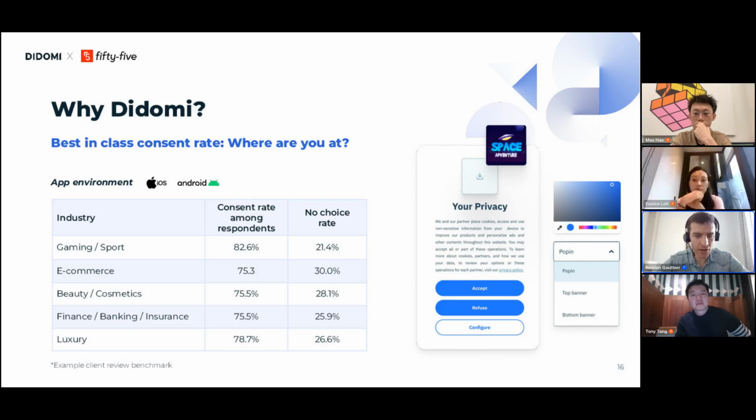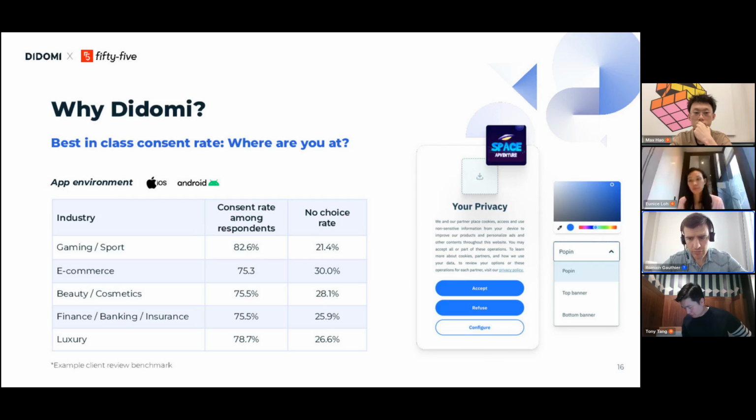So what type of consent behaviors you can expect based on your vertical, your geo, the type of audience you have, whether it's web or mobile, and we deep dive into these consent rate metrics so that you can have a reference of where your performance should be and what is considered good in the space.